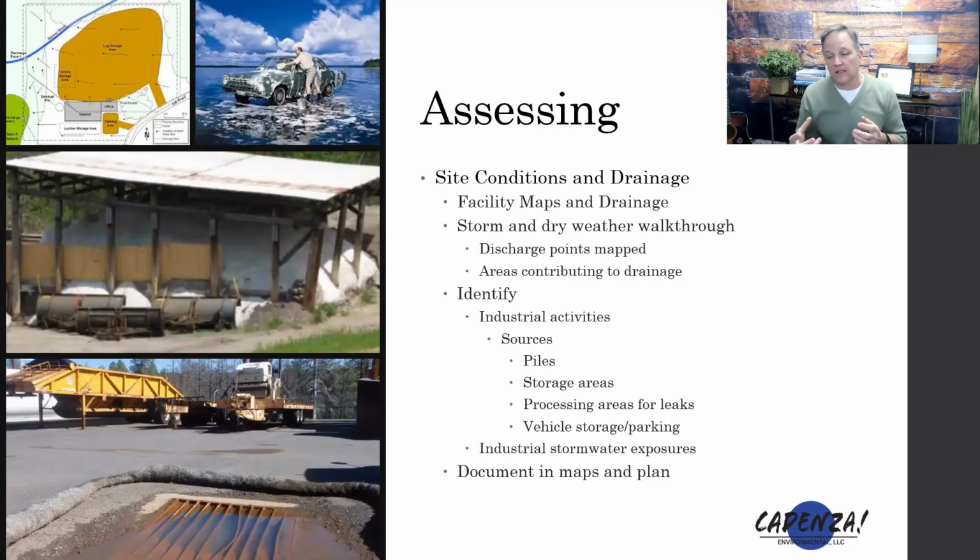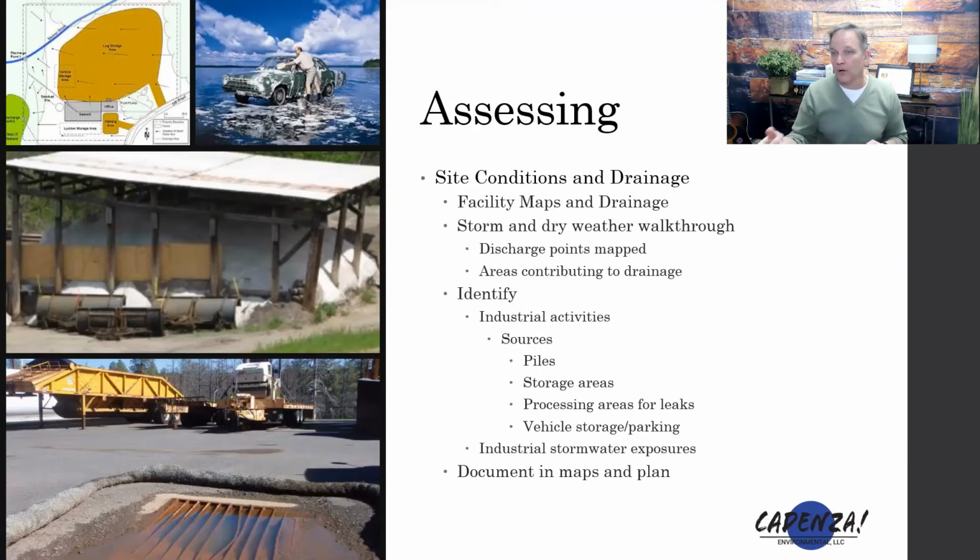In this identification process, you would also identify industrial activities that can contribute to stormwater pollution. Things such as piles of salt or piles of gravel or sand or dirt or soil. Processing areas where you may have leaks that could come from whatever processing you may be doing.